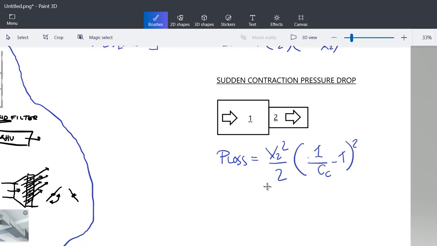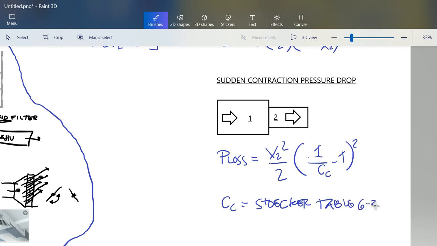Where the values of Cc are from your Stoker book, table 6-3, on page 112.